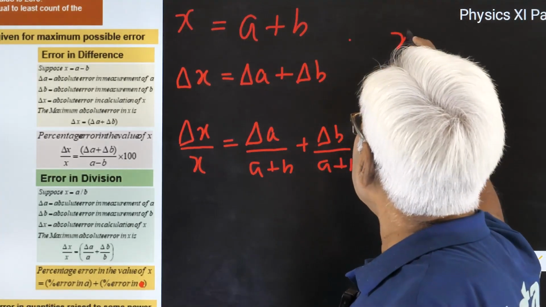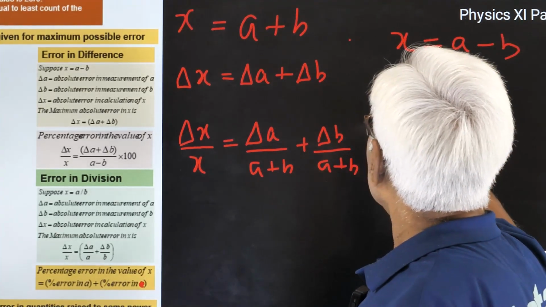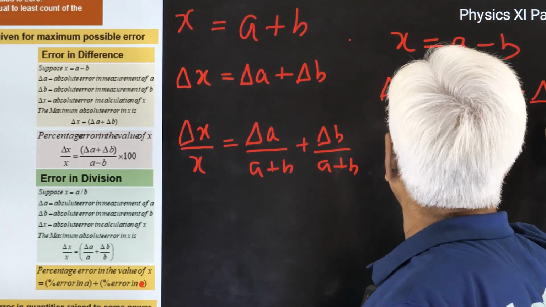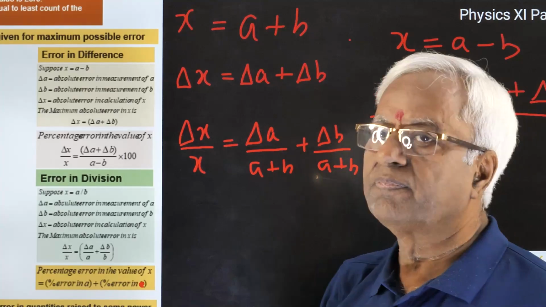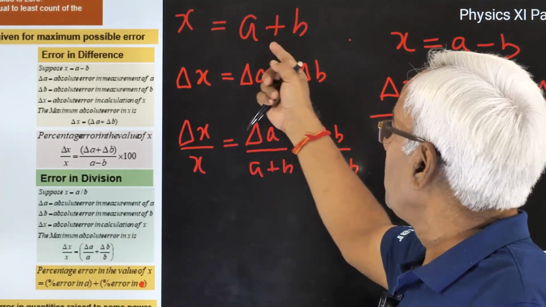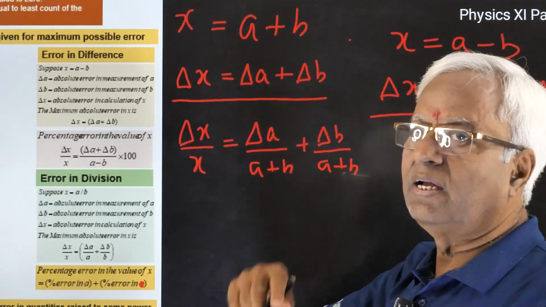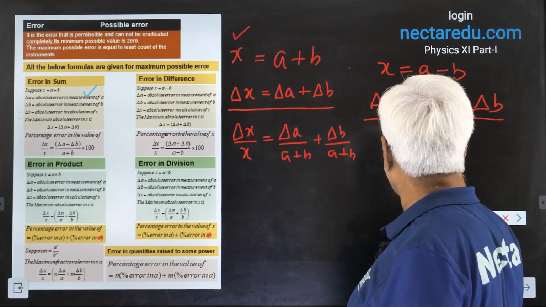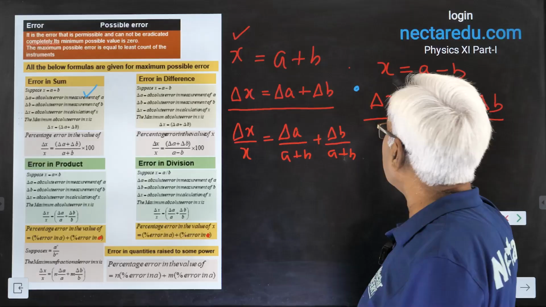Similarly, suppose it is the difference, then in that case delta X is delta A plus delta B. When it was X equal to A plus B, then also it was delta A plus delta B. Then you might think, what's the basic difference in the two? Why is it plus here?